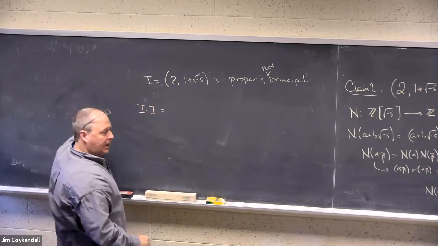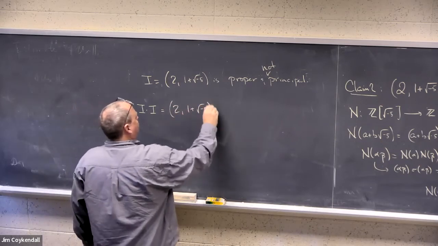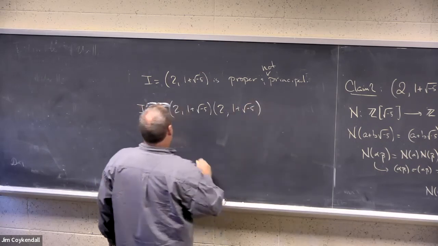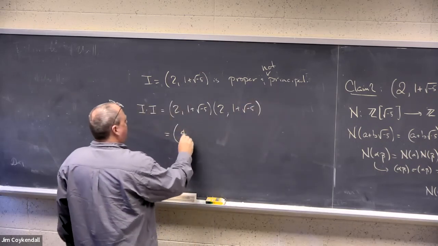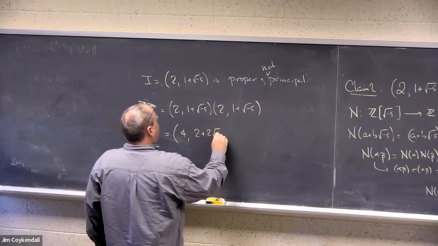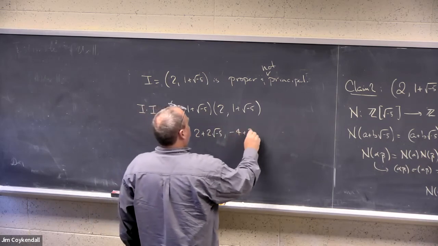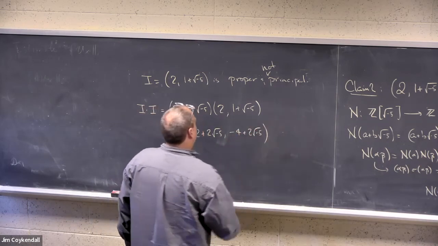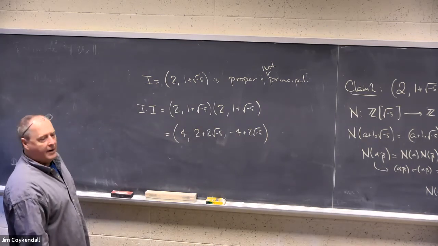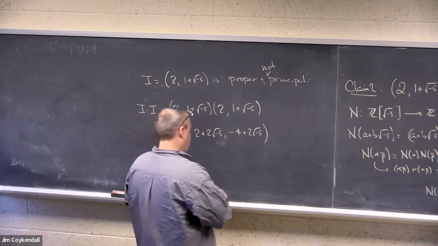What happens when I multiply these two ideals? For sure, I know that this can be generated by 4 and the other products. And maybe less, and in fact, actually less than this.